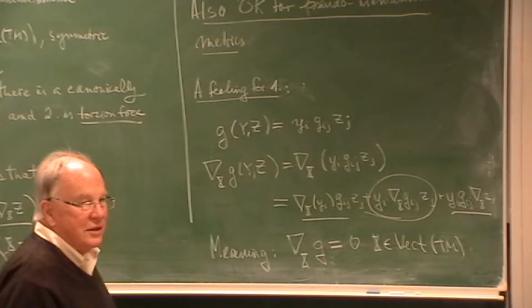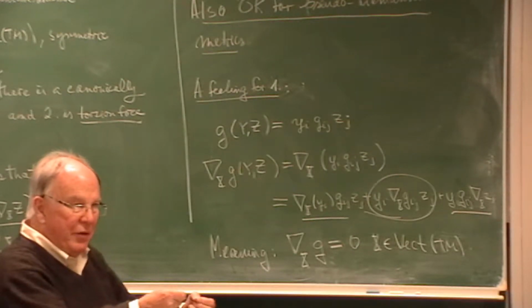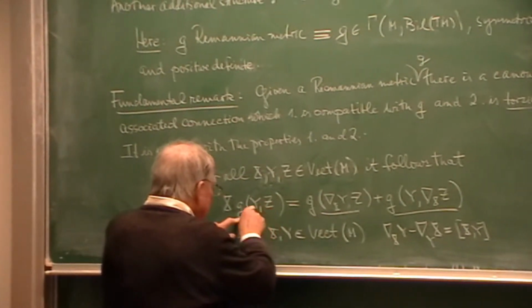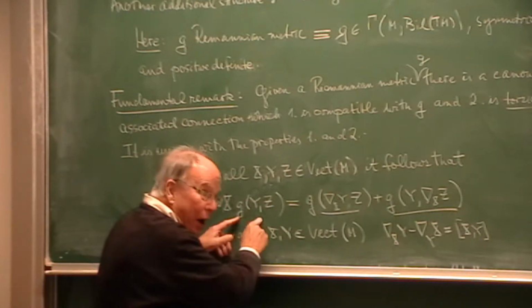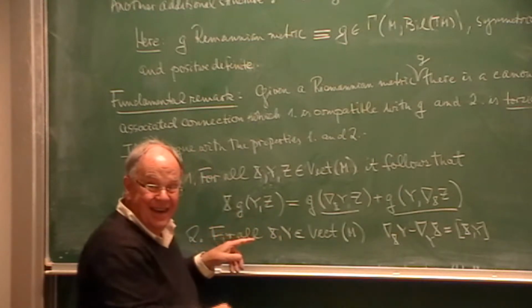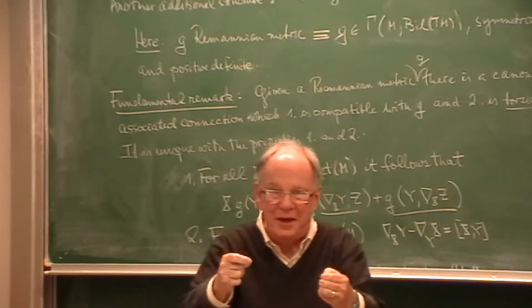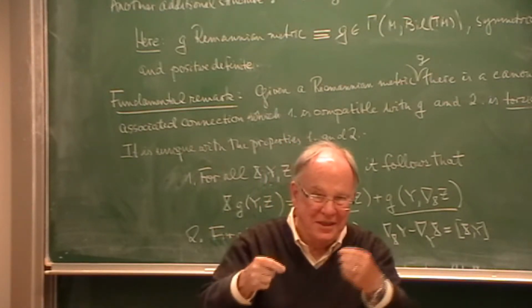You get what I'm trying to say anyway. There are 3 things going on here. It's a pairing, right? But g of y and z has 3 things varying: g, y, and z. And they're varying in a bilinear way. It's y, g as a matrix, z.